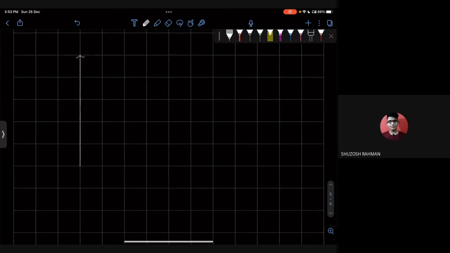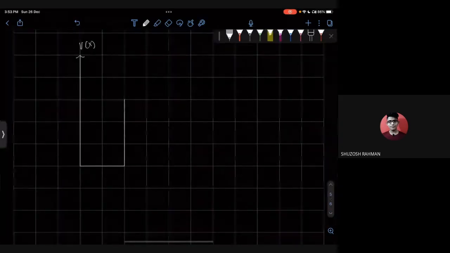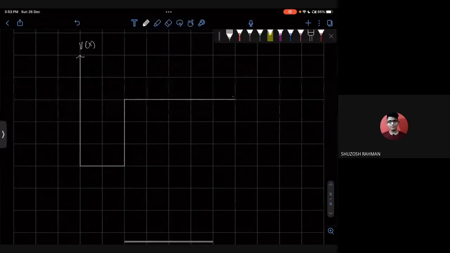So we had some potential energy V of x, and it was a potential well whose depth was V0. V0 is a positive number. So this is minus V0, and the width of the potential was a.